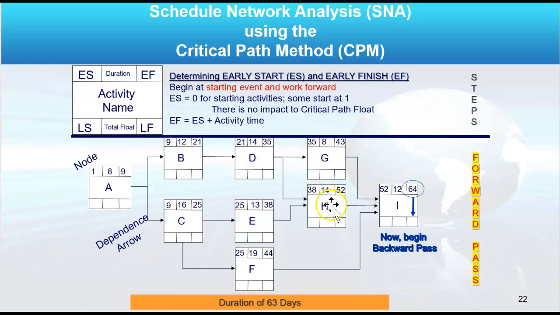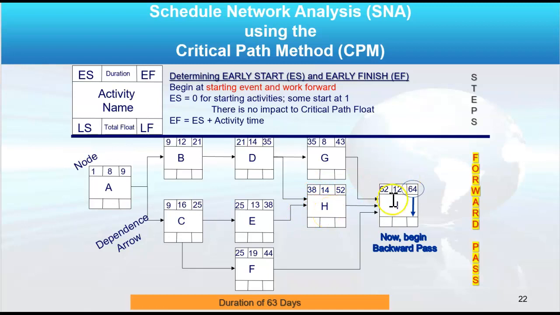But D and E both go to H. So we actually have to wait until both D and E are done. And that's why 38 is used on H instead of 35. Because yes, H was ready for D at day 35, but it had to wait until E was also done because both are required for activity H to begin.